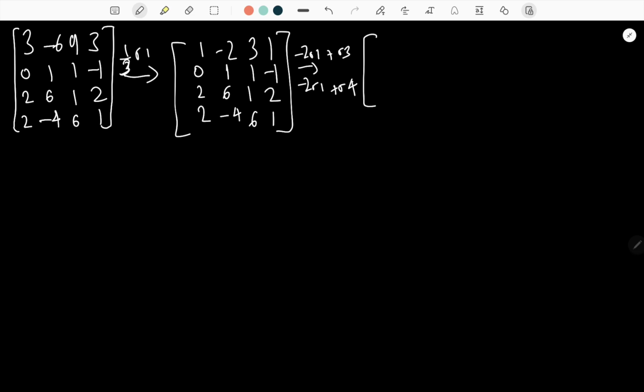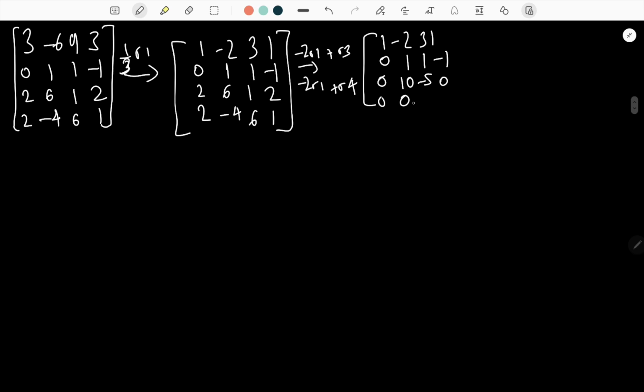So now this will give you: the first row stays the same again, second row is also the same, third row is going to be 0, 10, minus 5, 0, and last row is 0, 0, 0, minus 1.